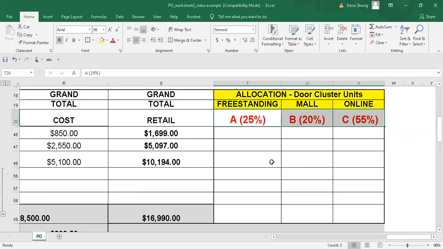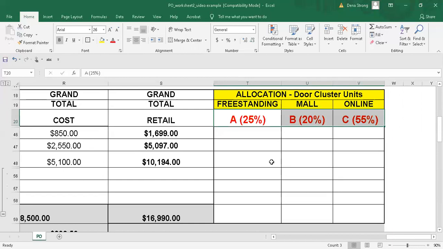Old Navy is a freestanding store. So think of stores like that. All right, so we know from sales analytics, which is why you need to always review your sales, analyze your sales, know your business as a buyer. So from sales reports, we know that 25% of our customers are shopping in the freestanding stores.